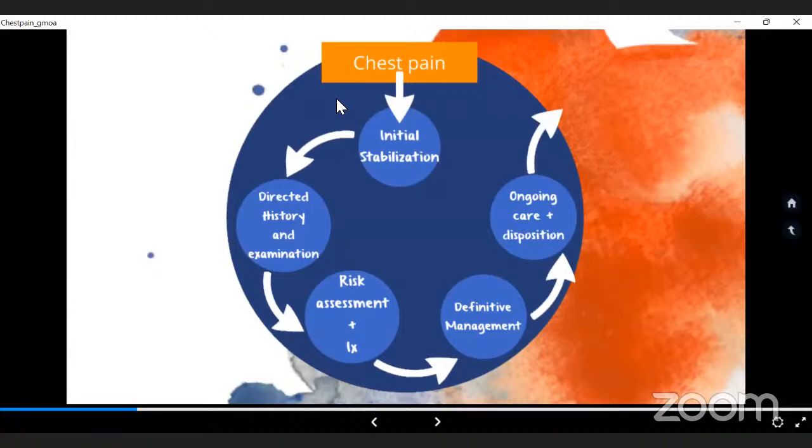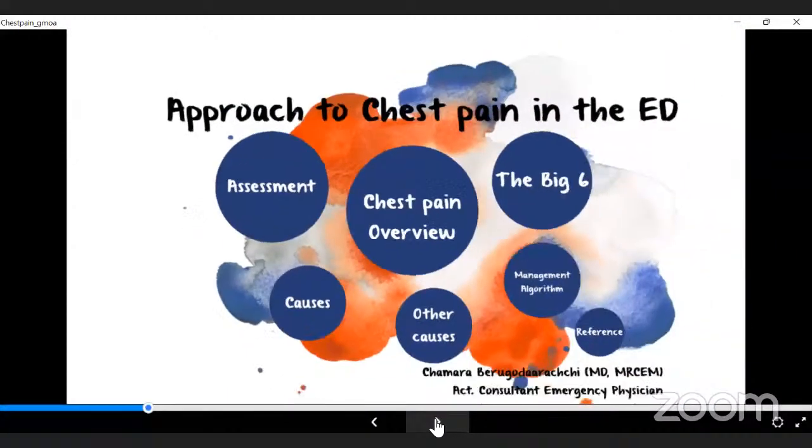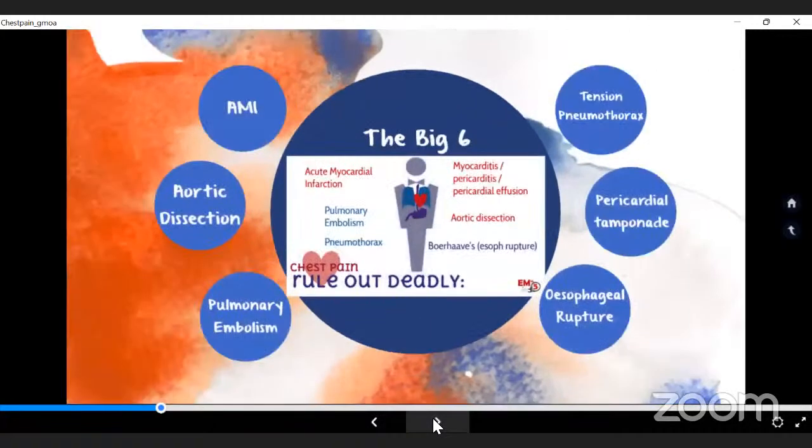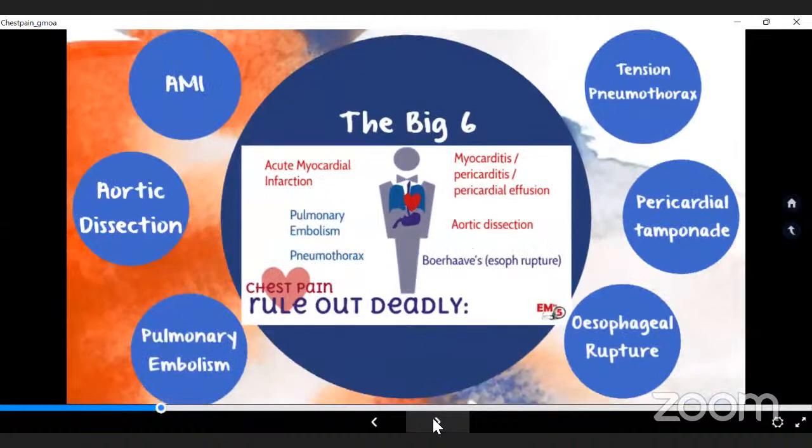And then, as I mentioned, I will discuss a little bit of information regarding these immediately life-threatening causes. Surely, I will not be able to discuss each and everything about these causes because these are different lectures of 2 hours, 3 hours, so the amount I can cover during this topic is minimal. What I want is for you to have this eye-opening session.